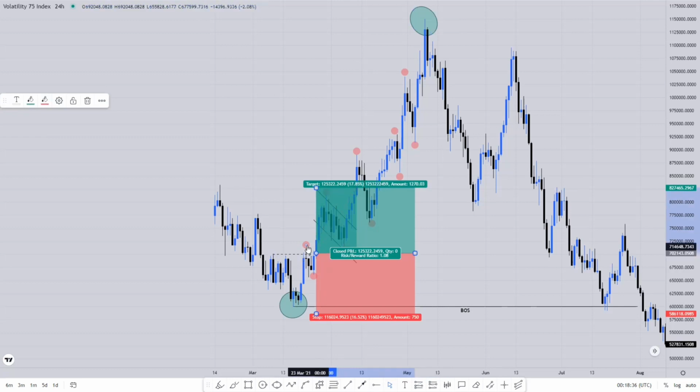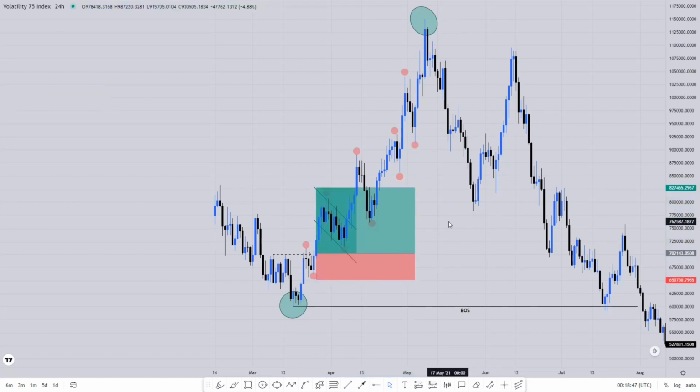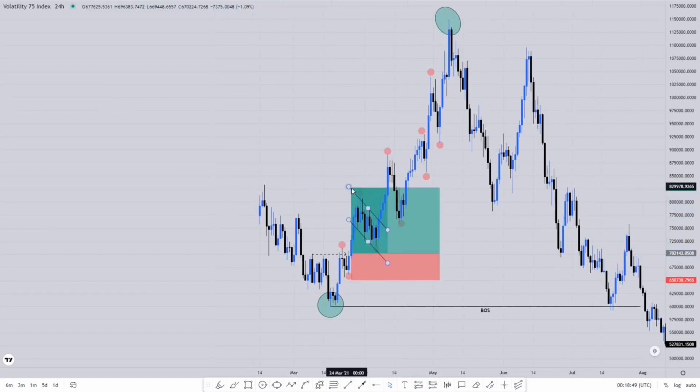So identifying my internal structure, this was the high, this was the higher low, means even here on the daily, you could have bought on the daily like this. Simple.